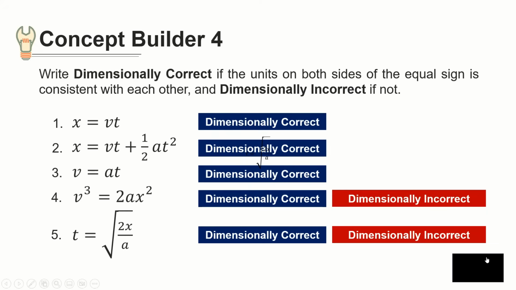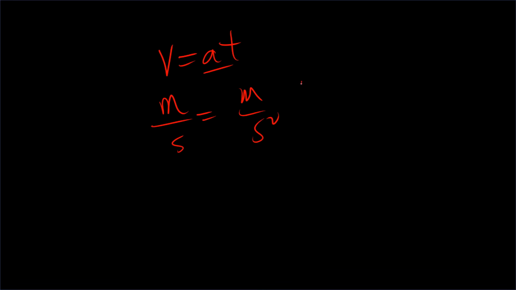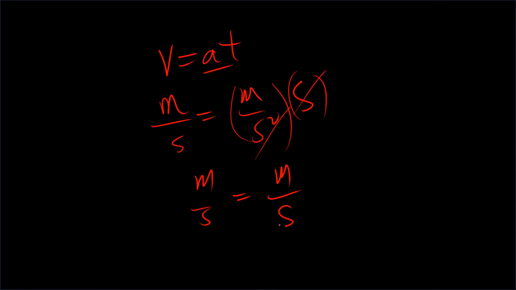Kasi kapag titignan natin yung equation niya, so we have v is equal to at squared. So v is a measure of, yung unit ng velocity is meter per second. So we have here meter per second squared for the acceleration, and second for time. So if we perform the operation, we have here meter per second is equal to meter per second.